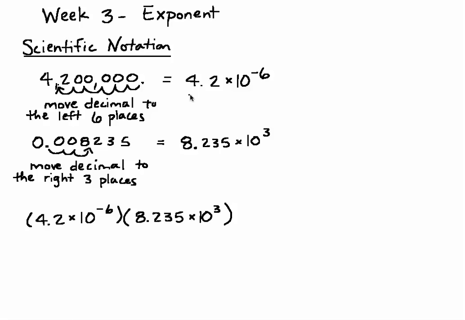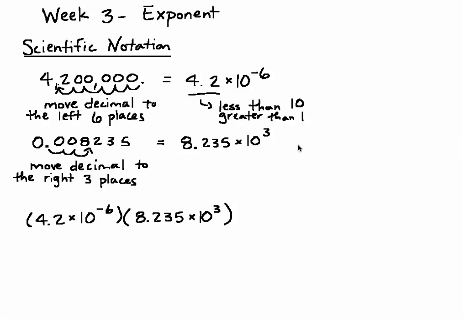Okay, the key here is that I want this number to be less than 10. It needs to be less than 10, but greater than 1. Okay, and we do that by placing the decimal behind the first non-zero digit.